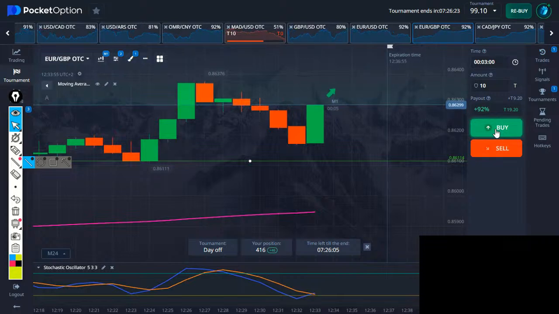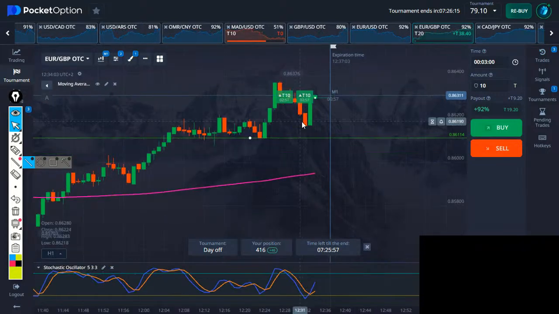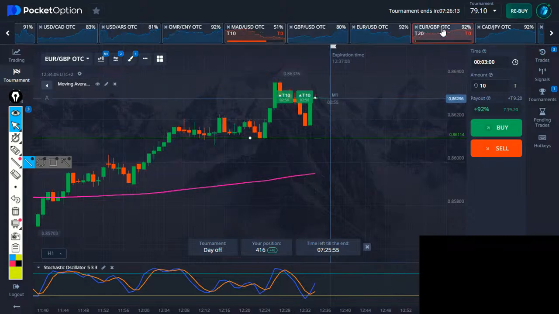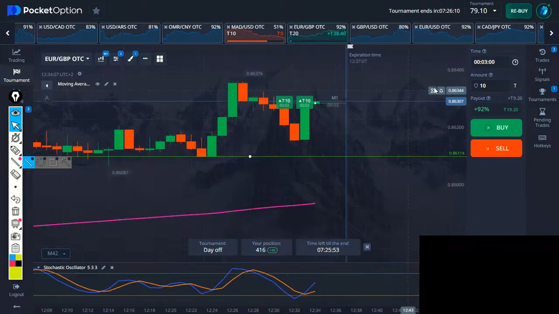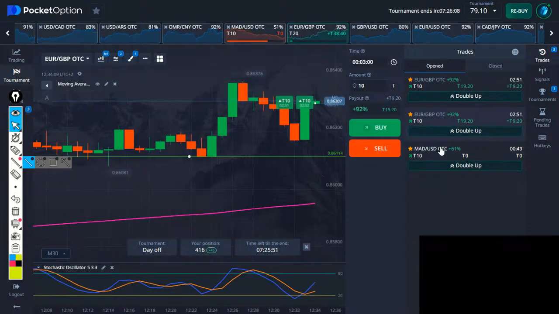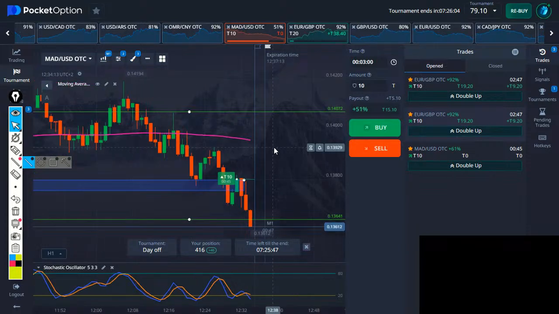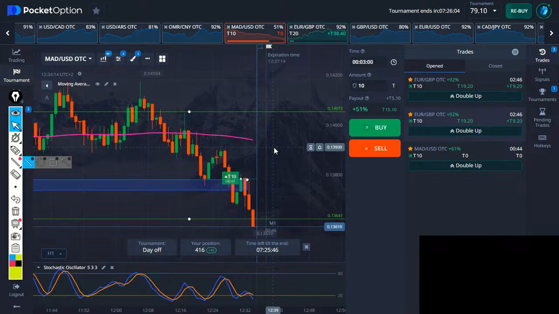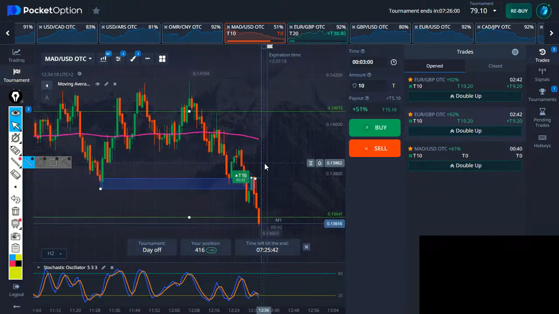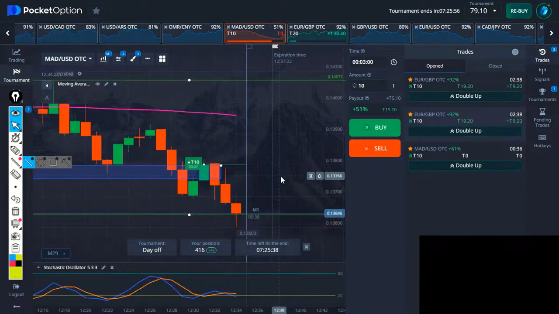Let's wait for the close. Two more. Let's see what's gonna happen here as well. Come on. Broke all the demand zones. No problem. We lose some, we win some. That's the game.